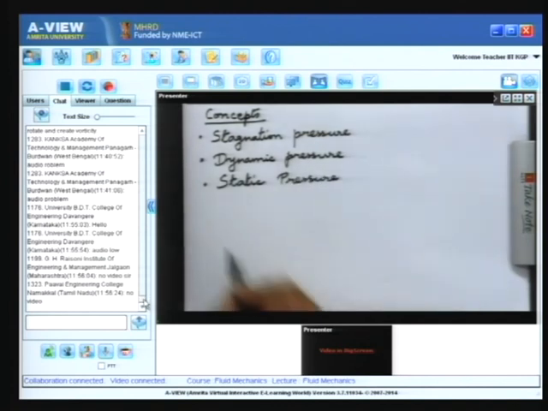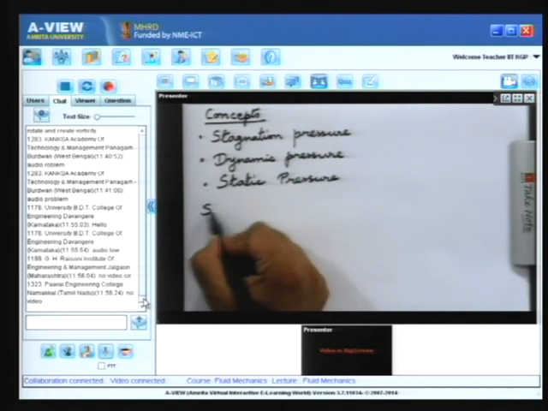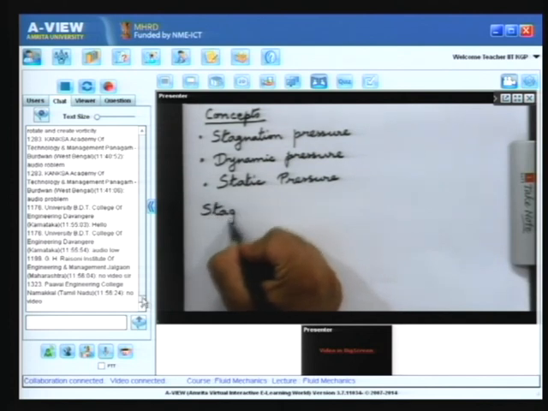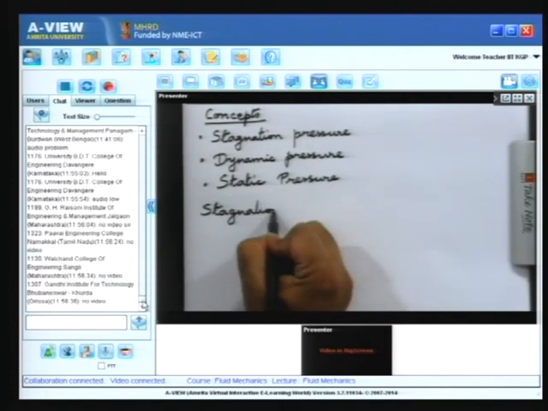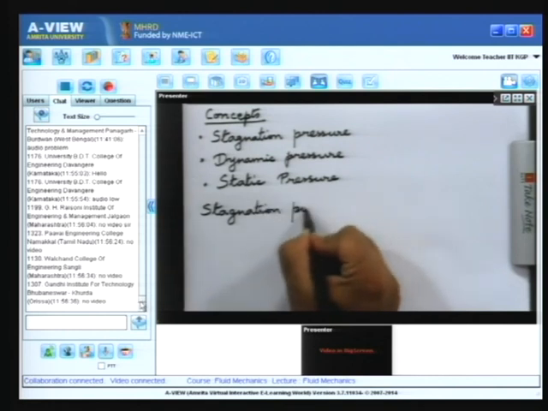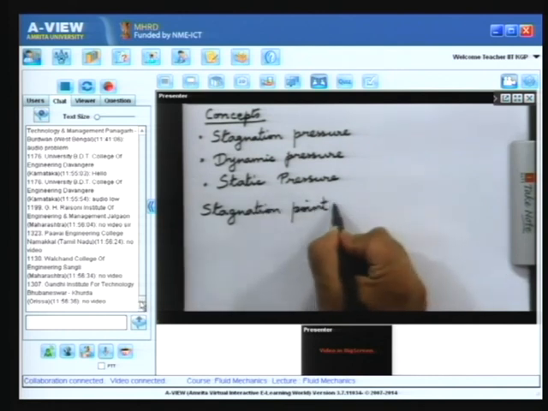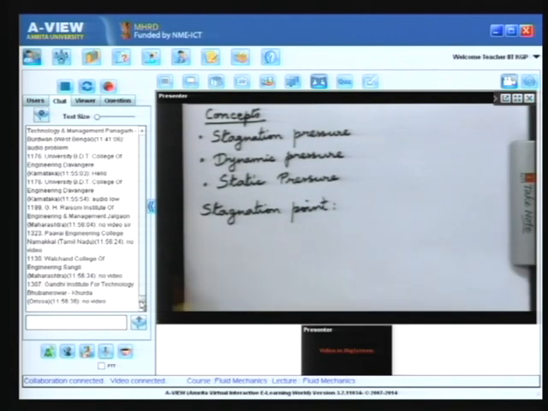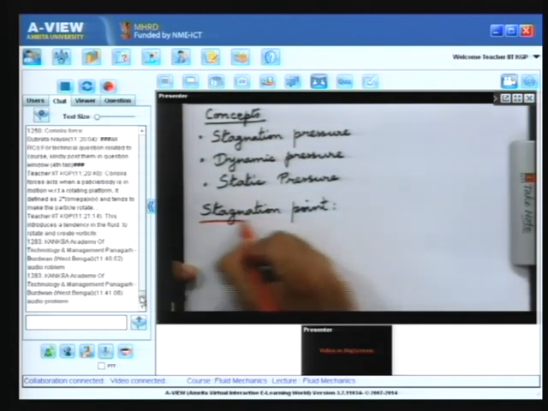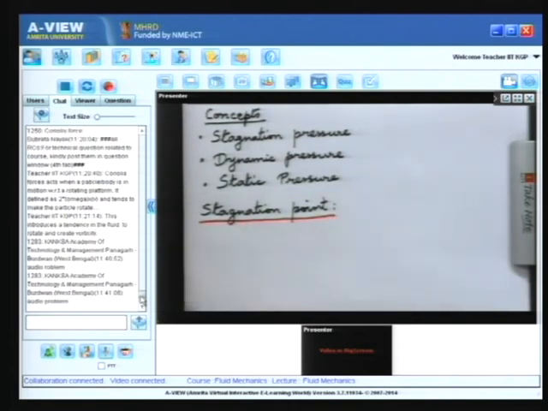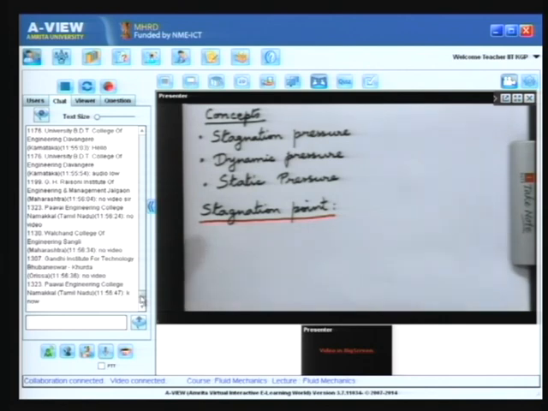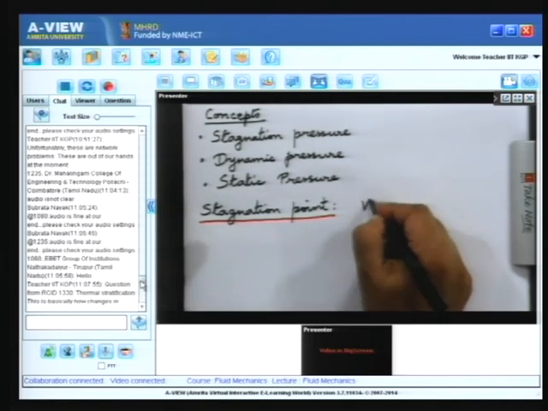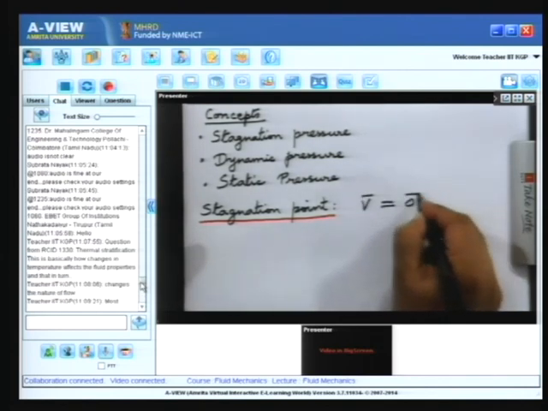Now, first of all, I will talk about what is called a stagnation point. So, this is a point where the velocity is 0.